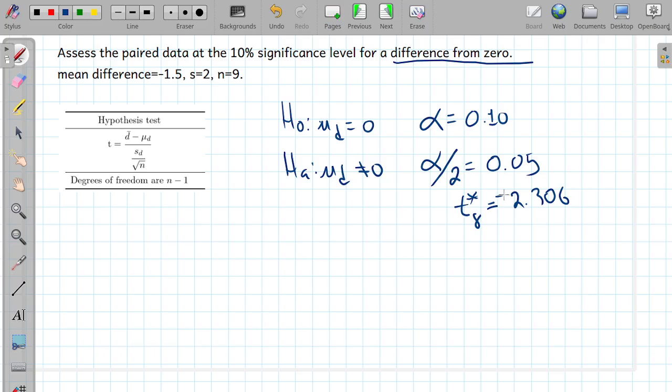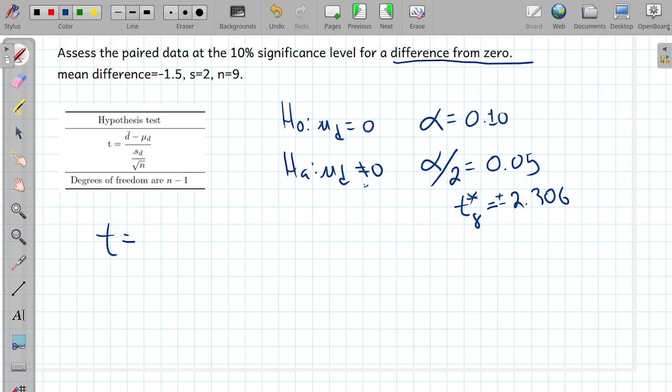And this will be plus or minus because this is a does not equal. We're not prejudging whether greater than 0, which would be positive 2.306, or less than 0, negative 2.306. All that remains to do now is calculate the test statistic and make a conclusion. Let's do that. Now here we have t.